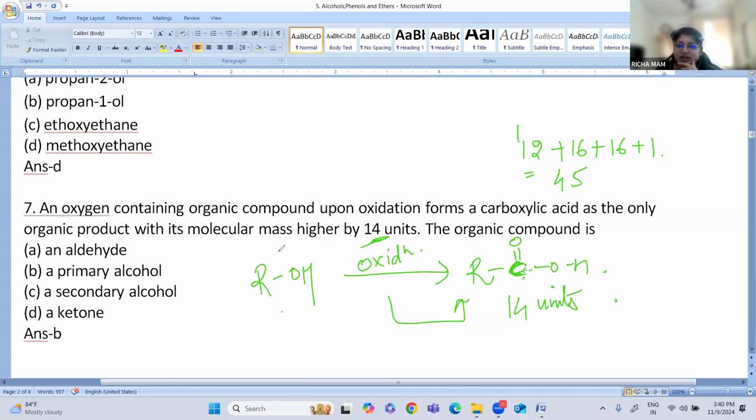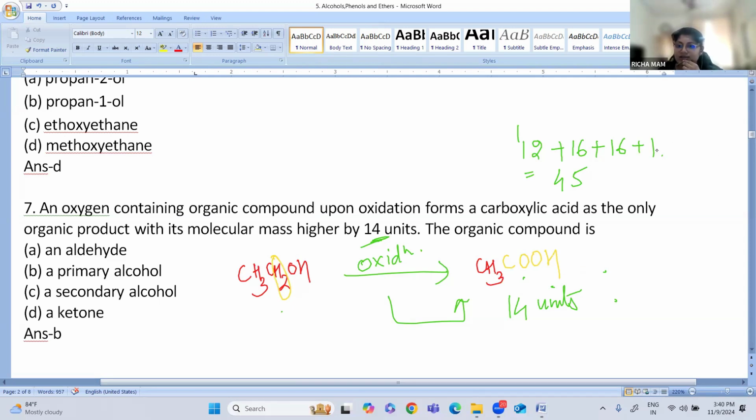So RCH2OH gives RCOOH. Suppose I take CH3CH2OH and do oxidation. Oxidation means removal of hydrogen and addition of oxygen, so it will be CH3COOH.